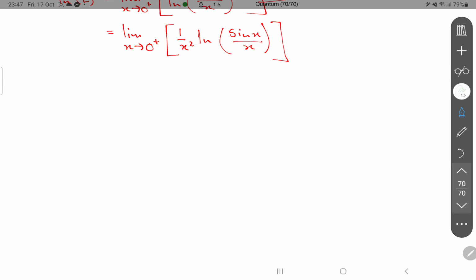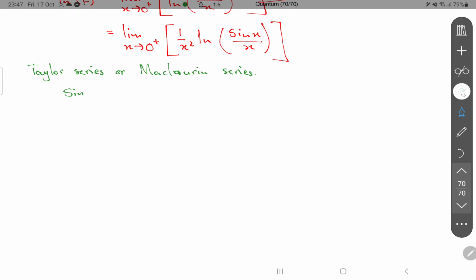So now let's expand sine. We use a Taylor series, or Maclaurin series, but it's a Taylor series as far as I know.